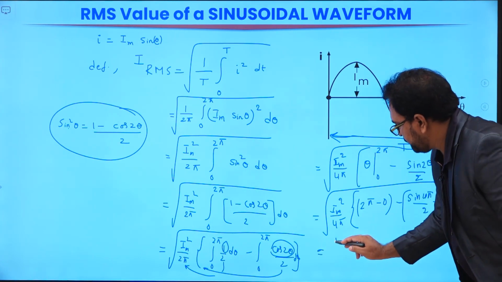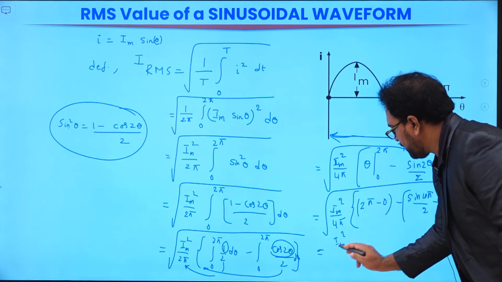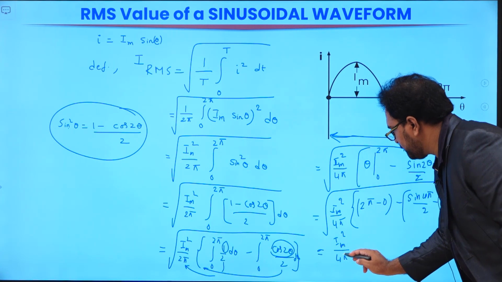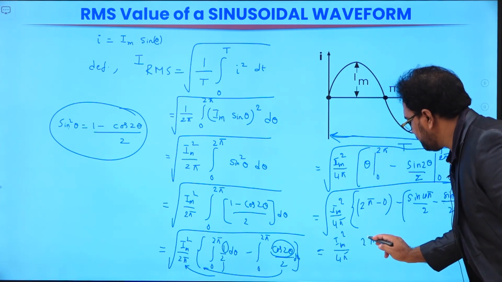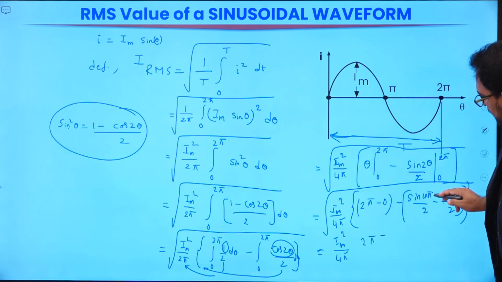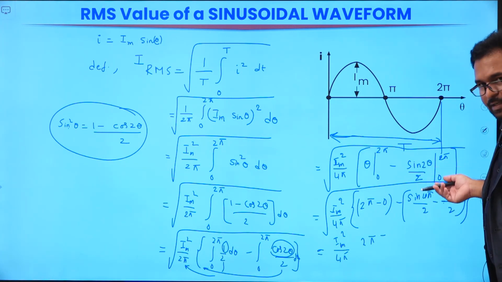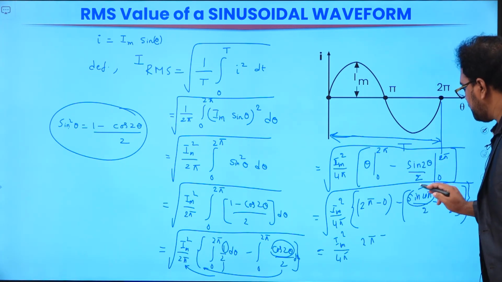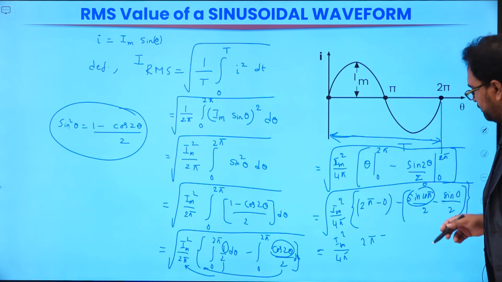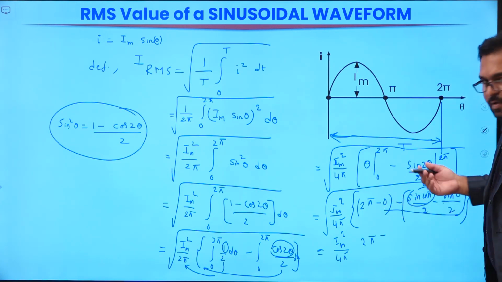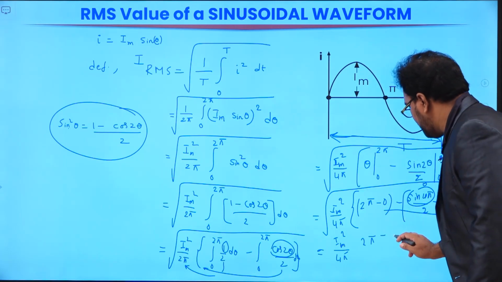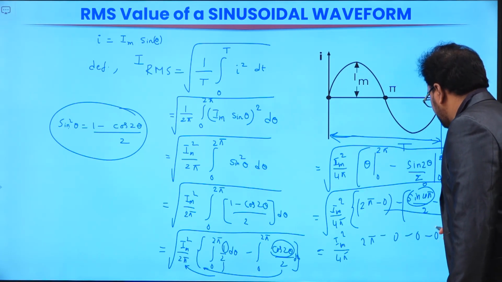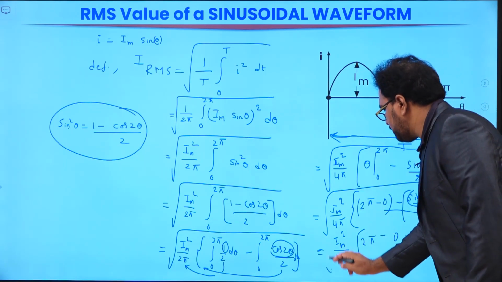Now finally Im square divided by 4 pi. Now it is 2 pi here minus, what is sin 4 pi? Sin 2 pi, sin 4 pi, even multiples, it is always 0. And what is sin 0? 0. That means these terms will cancel out. So the only term we have is 2 pi, under root.